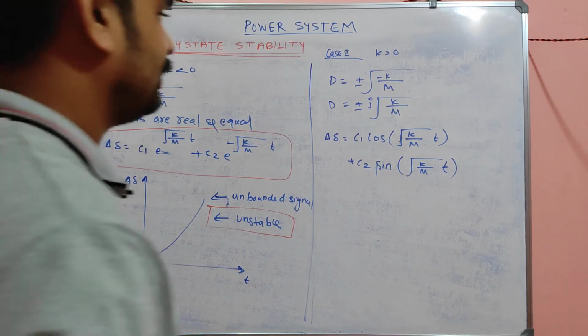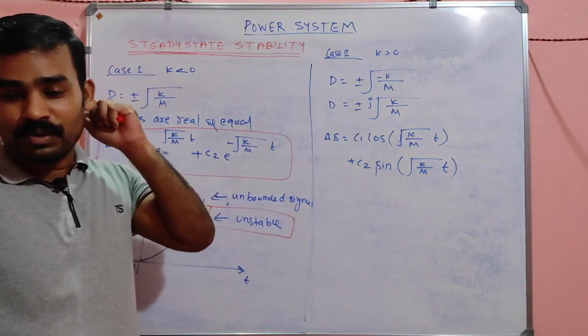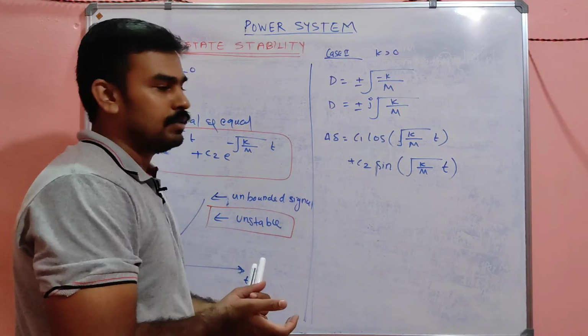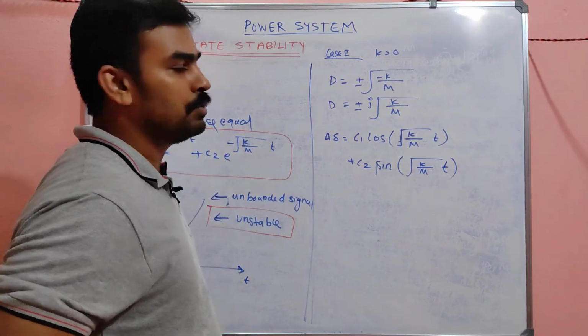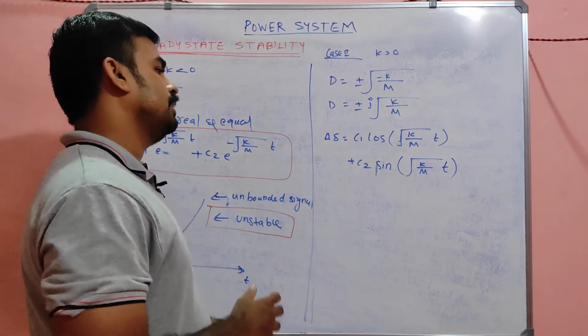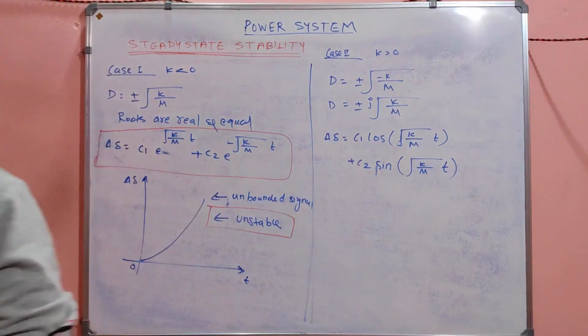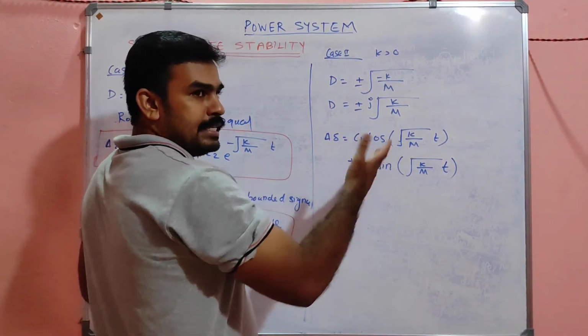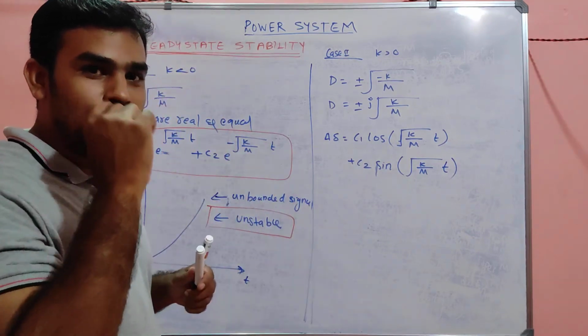So del is equal to, the solution will be C1 into cos root of k by m into t plus C2 into sin root of k by m into t. That means it contains a sinusoidal plus cosine function.